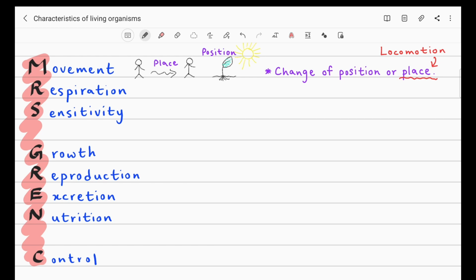You technically need energy to sleep, right? So everything requires energy. So this energy comes from respiration. Anaerobic respiration is when it occurs without oxygen, but we are going to keep that aside for now. And aerobic respiration is respiration in the presence of oxygen.